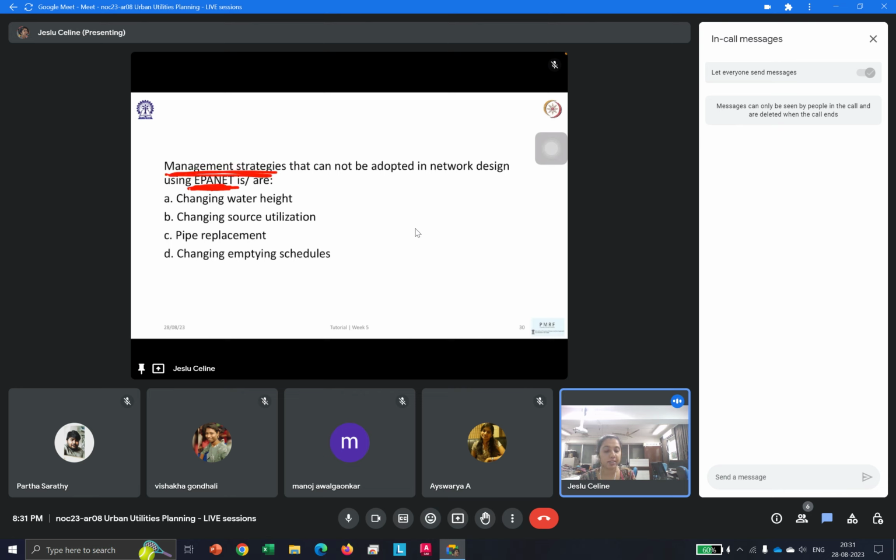Which is a management strategy that we cannot use in network design using EPANET? First one, change in water height. Can we put change in water height in EPANET? In the last portion, I think, we had discussed whatever the capabilities are. Does any of you remember that?